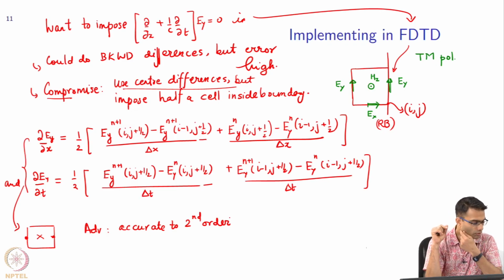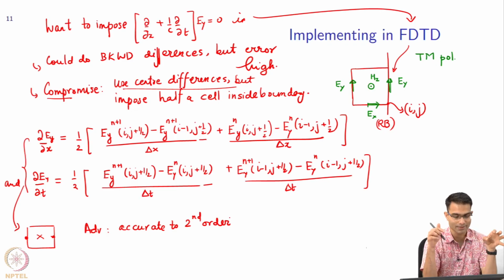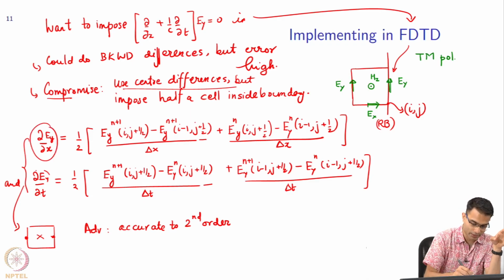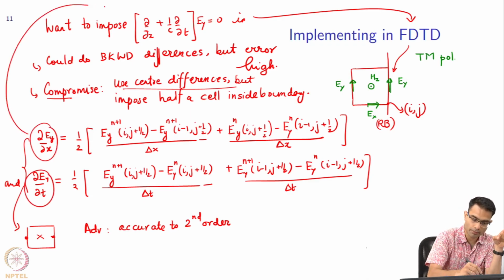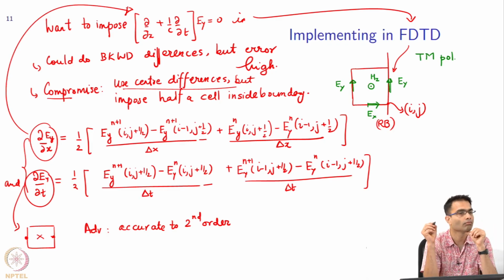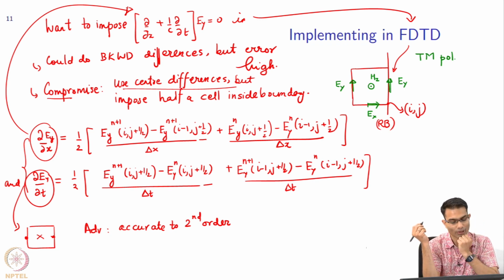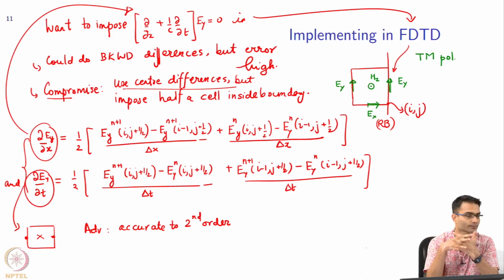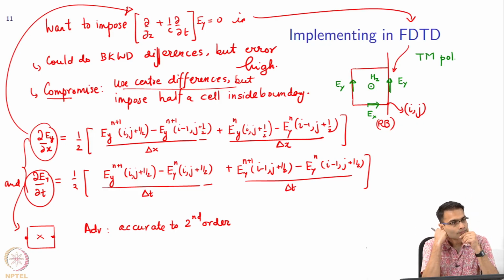Okay. So now what do we do? We will take each of these expressions and substitute them here, and what will that give me? It will give me some update equation. What is the term that I need to update from these various terms? Which is the term that I really need to update, which I do not know?